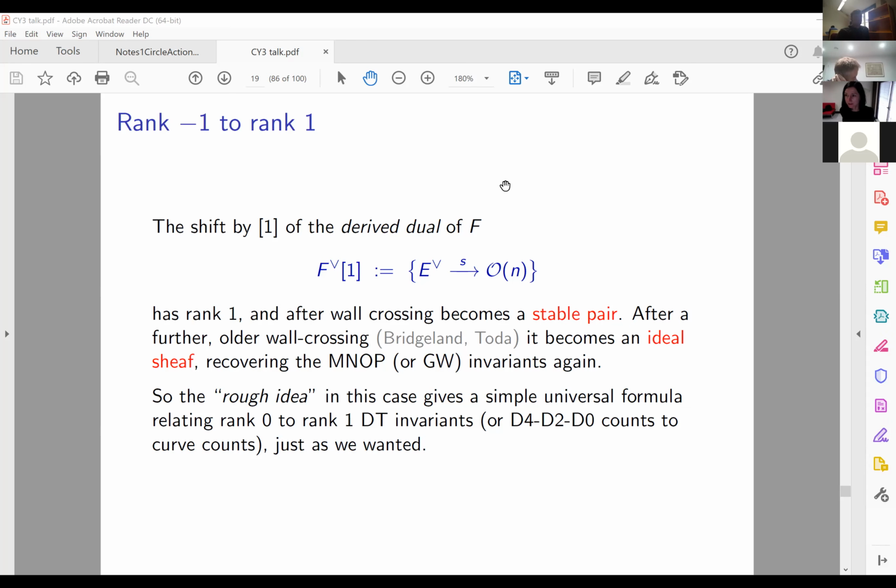Do we have any further questions? Can I just ask, I have one rather specific example, which I was curious if you thought it would be feasible to make progress on. There are these papers by Maulik and Oblomkov where they compute the DT and rank 1 DT invariants of ALE times T2.